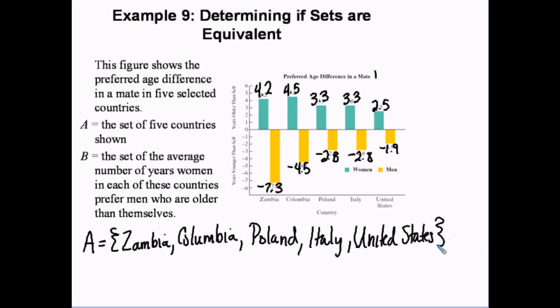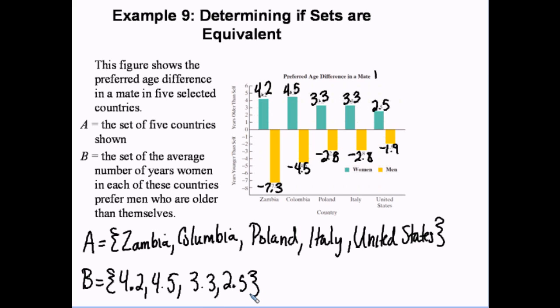Okay, so that's set A. And then set B, we're looking for the women's data. So I have a 4.2, a 4.5, a 3.3, another 3.3, so I don't list it because it doesn't count twice, and then a 2.5.